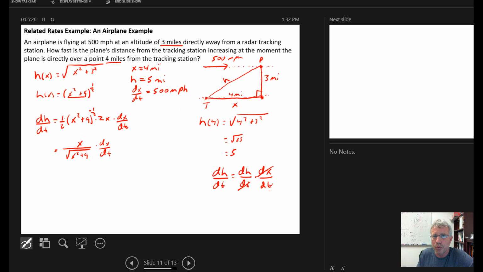So when x is equal to 4, if I want to know dh/dt when x equals 4, it's just a matter of popping the pieces in now. When x is 4, we get 4 over the square root of 4 squared plus 9, which is 5, times dx/dt, which is 500. So we get 4/5 of 500, which is just going to be 400 miles per hour.